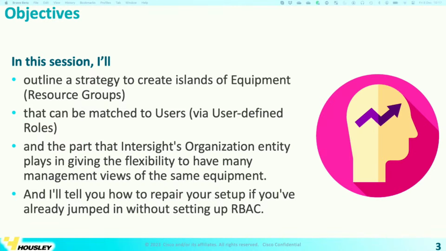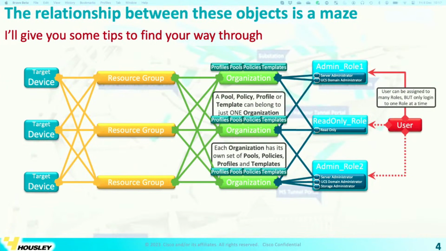Now, here's a little map. This makes Spaghetti Junction at Roselle look like child's play. We have resource groups, which are where you put your targets, your resources. They're linked to organizations, but it's a one-to-many relationship. You can take your resource group and link it to many organizations, and you can have organizations linked to many resource groups.